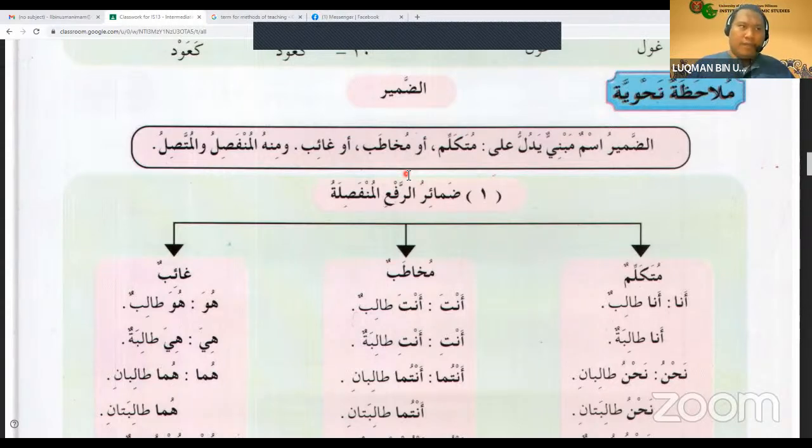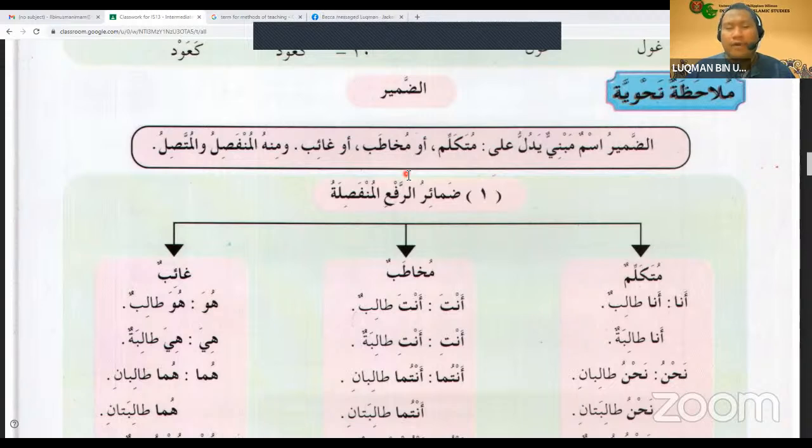So, it's a pronoun. Attached. Yun ang term na ginamit ng ibang Arabic authors, no? English authors ng Arabic grammar. So ang munfasil, ito ay detached. Munfasil, detached pronouns. Muttasil, attached pronouns.